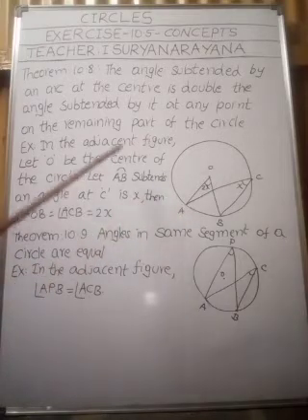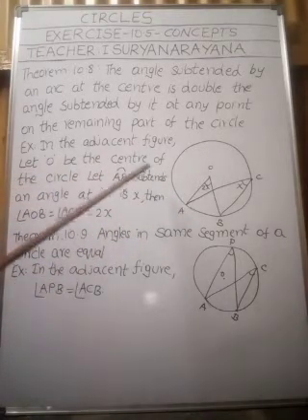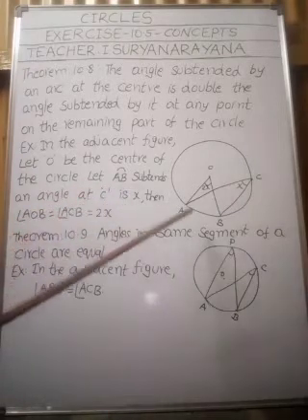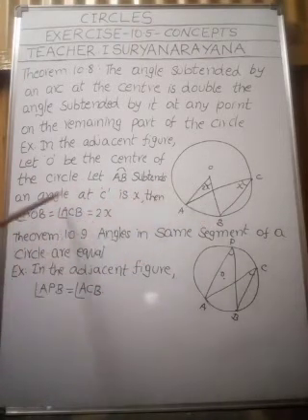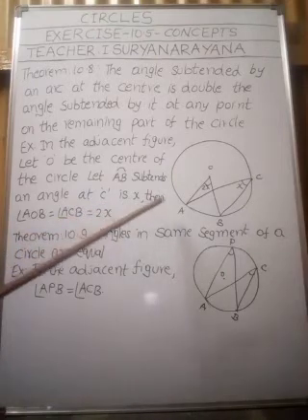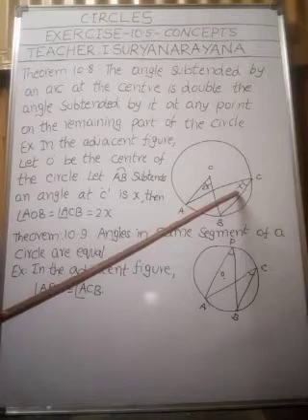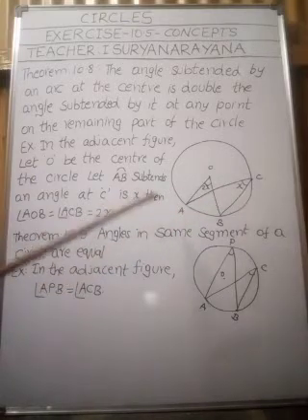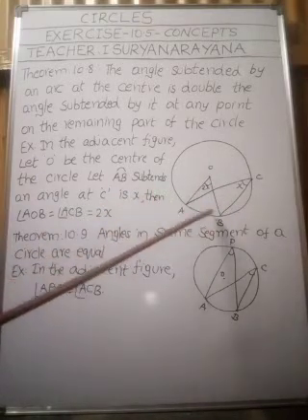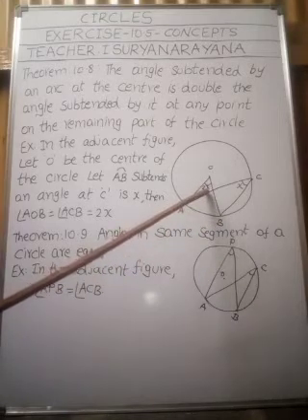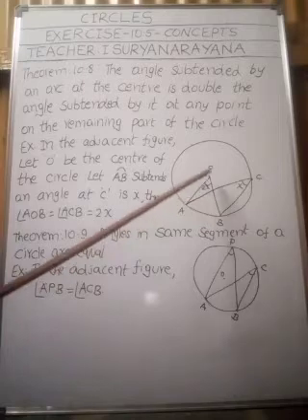In the adjacent figure, let us assume that O is the center of the circle. Let arc AB subtend an angle at C of x degrees. Then angle AOB, this arc subtends an angle of 2x at the center of the circle.